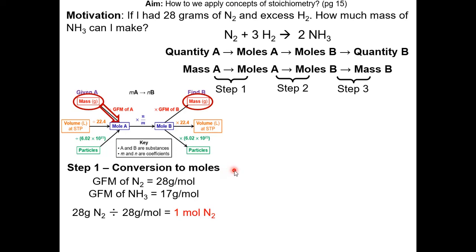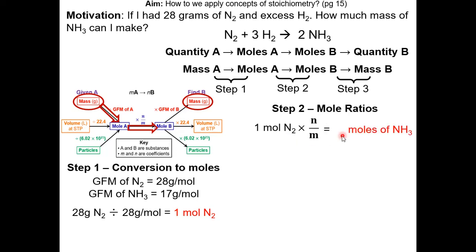The next step is to do a mole ratio to convert moles of A to moles of B. To do that, we're going to multiply by the coefficient ratio N over M. 1 mole of N2 times the coefficient ratio should give you the moles of NH3. So to figure out the coefficient ratio, you can look at the chemical equation.